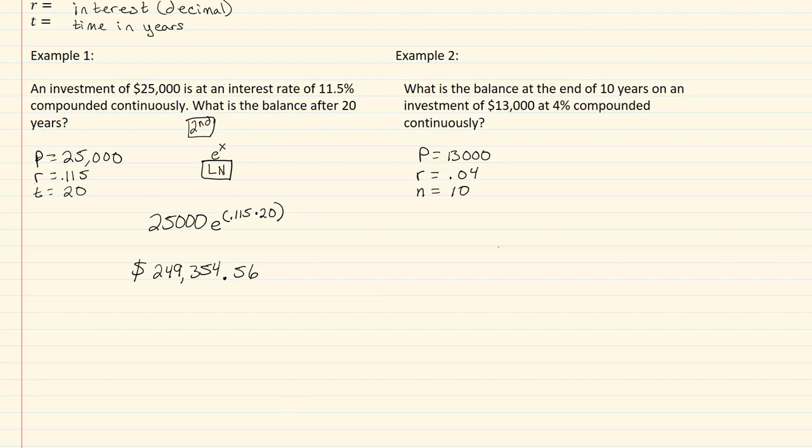Plugging that into our formula, we get A is equal to 13,000 times e raised to the 0.04 times 10. Plugging that into the calculator, I get $19,393.72.